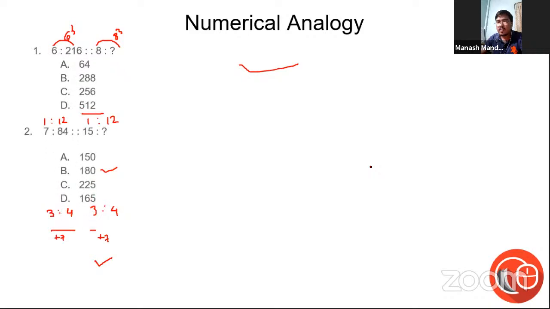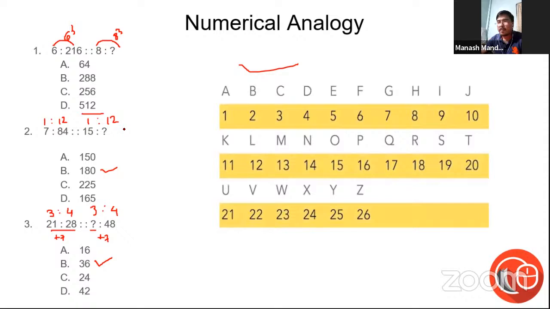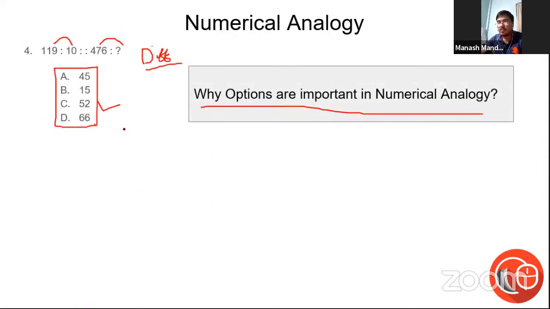And then we learned about numerical analogy. We understood the importance of learning the cube roots and square roots till table 15. We understood how ratio can be used. We then understood why the options are important in methodology with the help of a question.